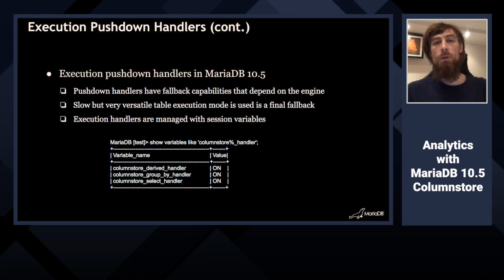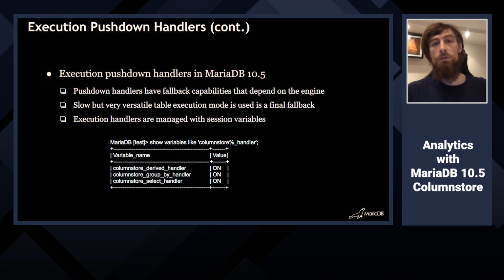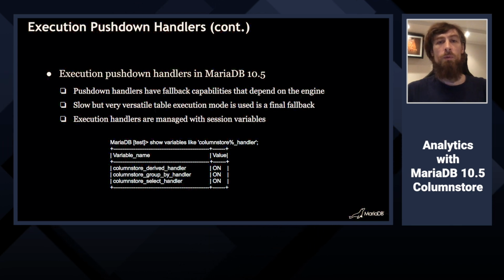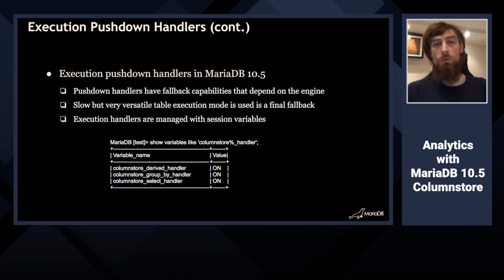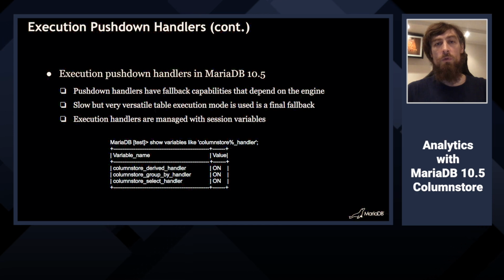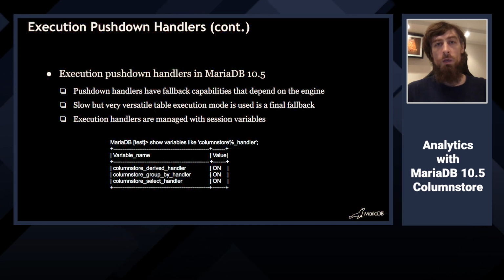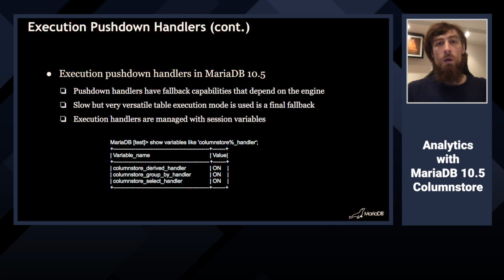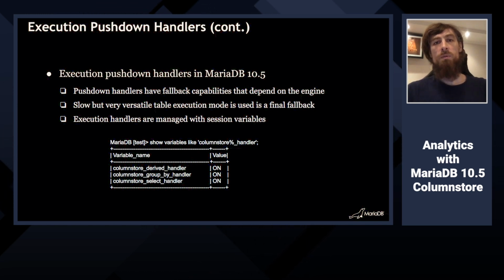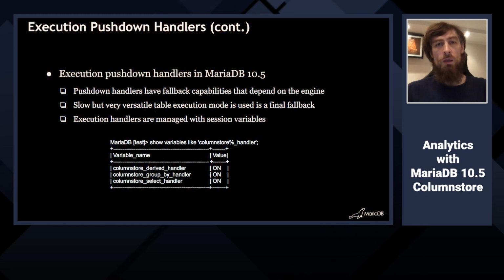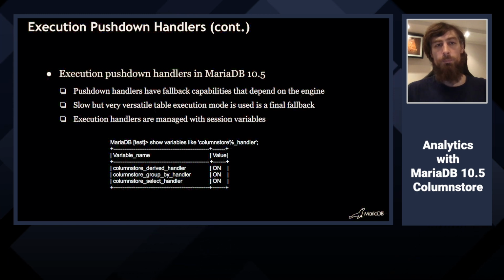The fallback capabilities differ from one engine to another, and for example, ColumnStore in MariaDB 10.5 can't automatically switch from select handler to other handlers or table execution mode in case of a failure. Luckily, there are session variables that one can use to explicitly enable or disable execution pushdown handlers. And you can see these variables on this slide.